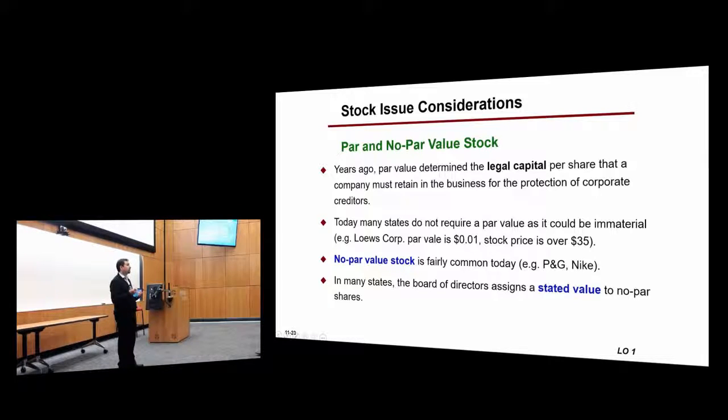However, this amount for many companies has become more or less obsolete. Why is that? For example, Lowe's Corporation, they have a par value of 1 cent. But if you look at the stock, it's sold over $40.